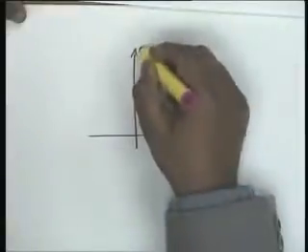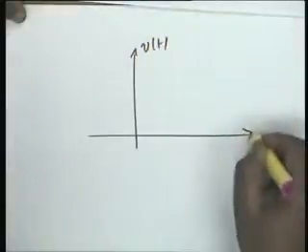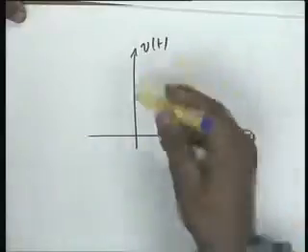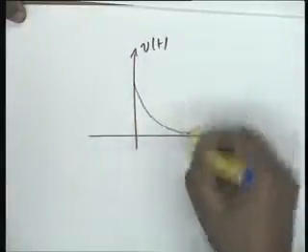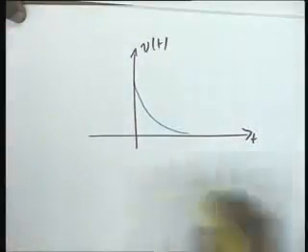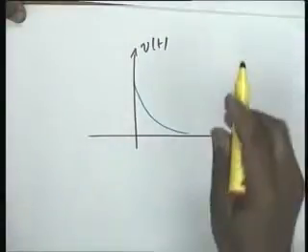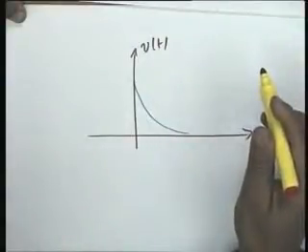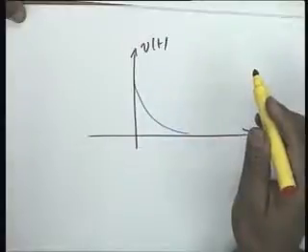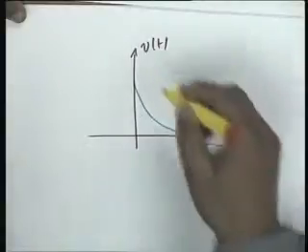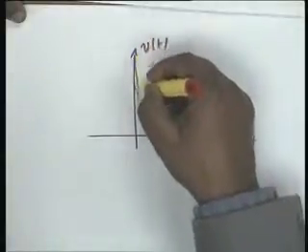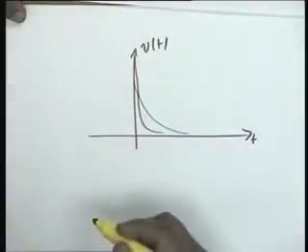If I plot Vt versus t, this may be for one time constant. If the time constant is increased or decreased, capital G decreases means time constant decreases, then the curve would be like this. Alright.